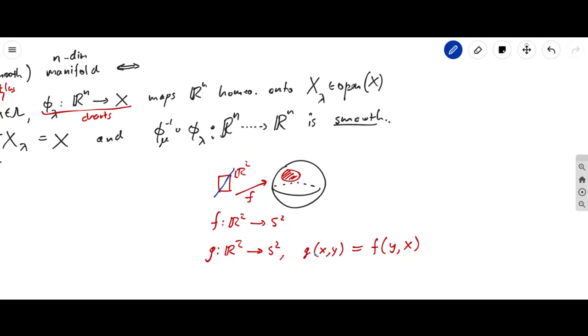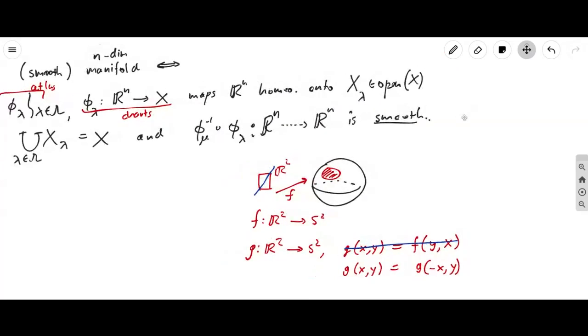Another way you can do it is you can also negate one of the variables. So G of x, y, you can take maybe the first variable and negate it and keep the second one the same. So that would be another way you can do it. So the question of orientation is really a question of asking if the chart is facing the inside or the outside.